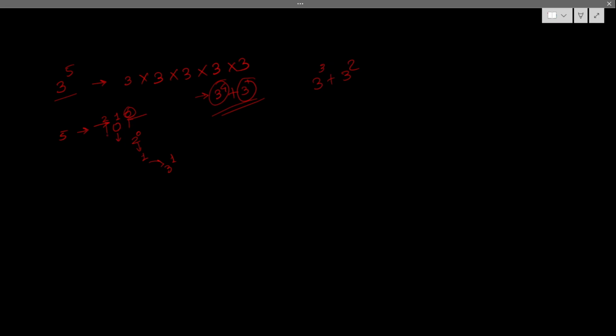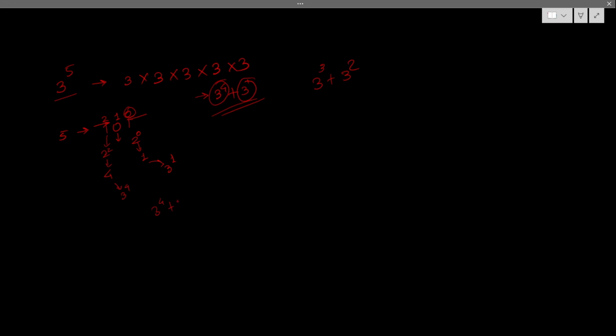For this one, the index is 2, so it becomes 2 to the power 2, which is 4. That's why I am getting 3 to the power 4.